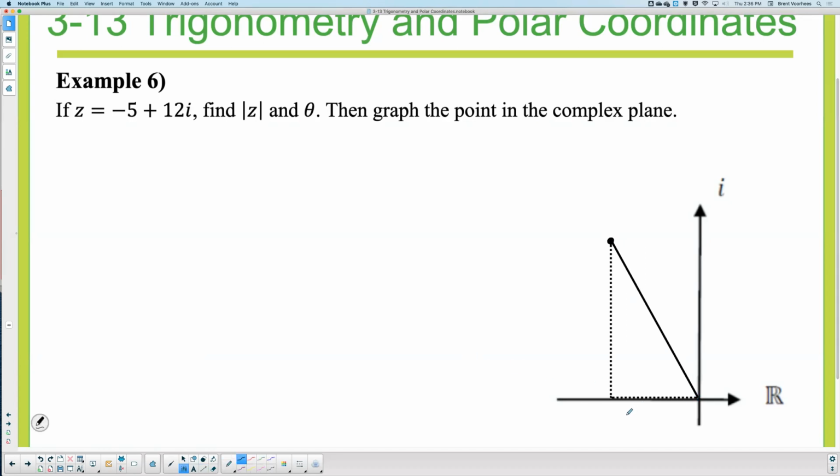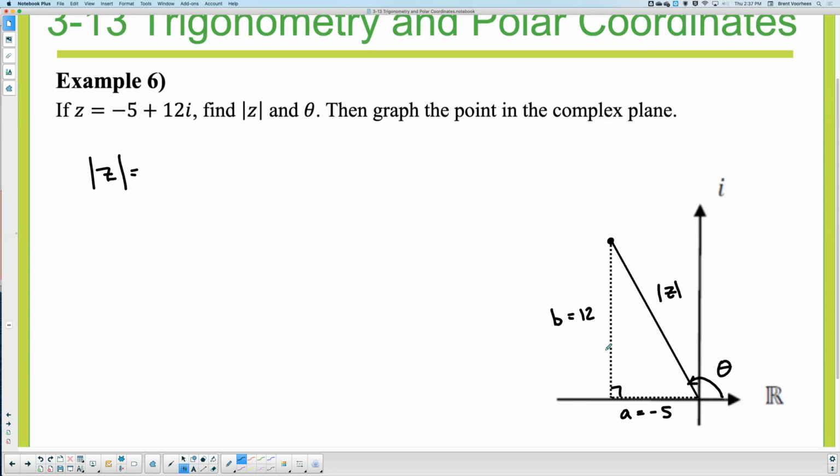Okay, so A equals -5 and B equals 12. They use the letters A and B here. We want to know what is the absolute value of Z and what is our theta here. That's what we're trying to find out. So the formula is, as you can see, the Pythagorean theorem, because we have a right triangle here.